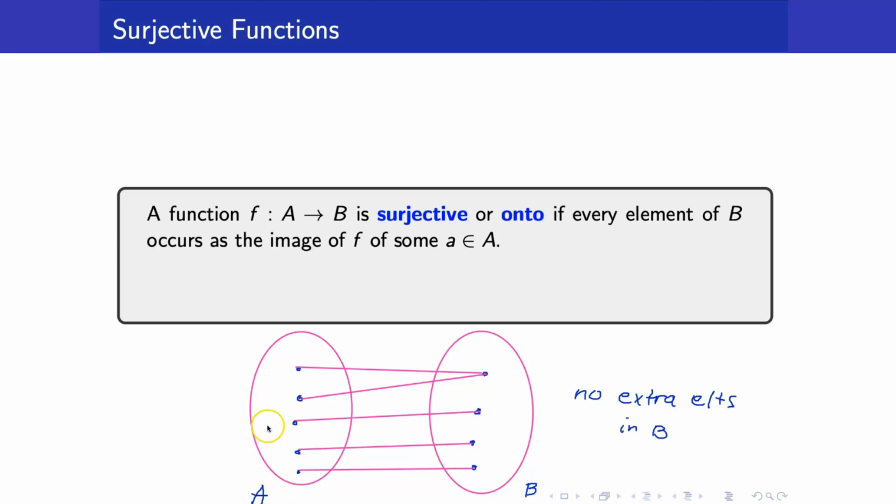If that is the case, there are no extra elements in B. And of course, if f is a function, there are also no extra elements in A, because by the definition of a function, all the elements of A must get mapped to an element of B. However, if there are no extra elements in B, we say that our function is surjective.